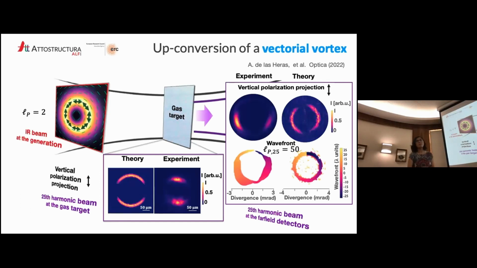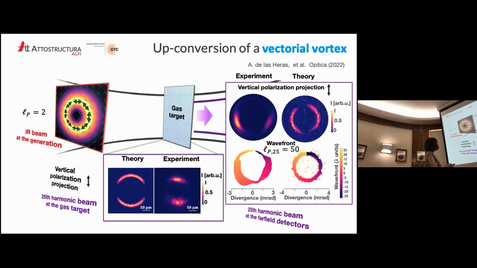What is more important is that the main features of this harmonic beam are retained in the propagation towards the far field. So the propagation of the high harmonic beam is much more robust than the propagation of the infrared vector vortex, as we see in these results. The only evolution that we observe is a smooth rotation of the polarization structure from the near field to the far field.